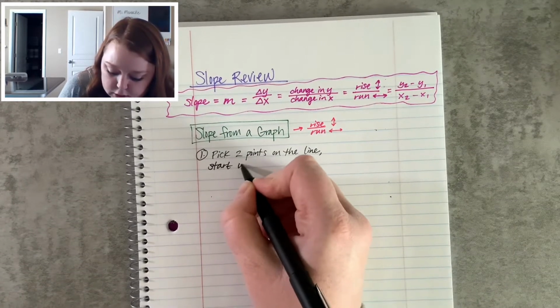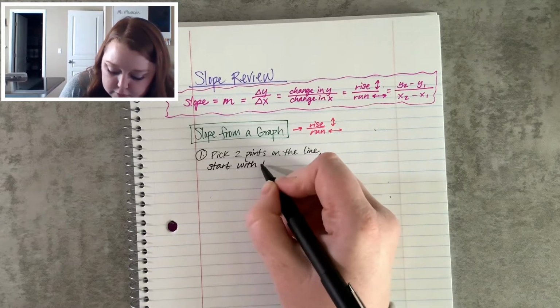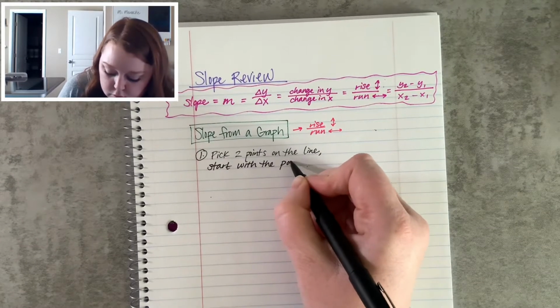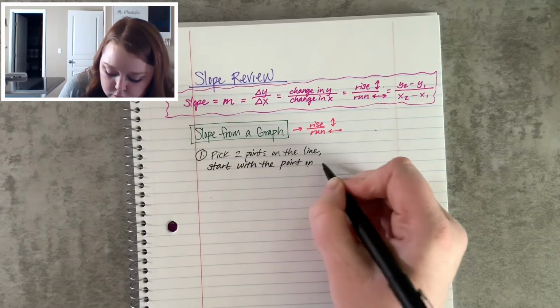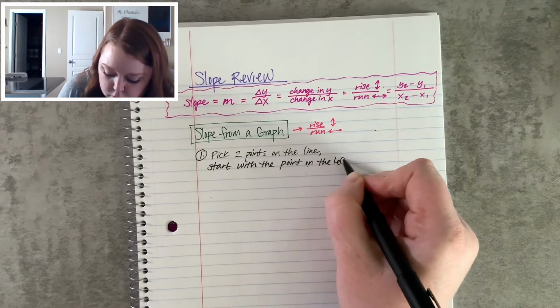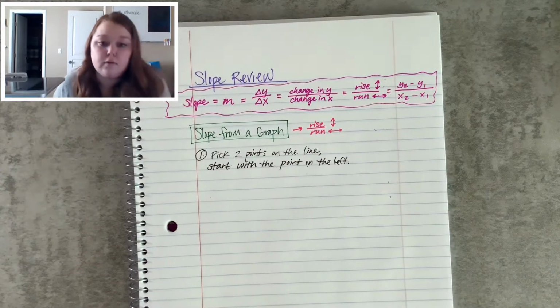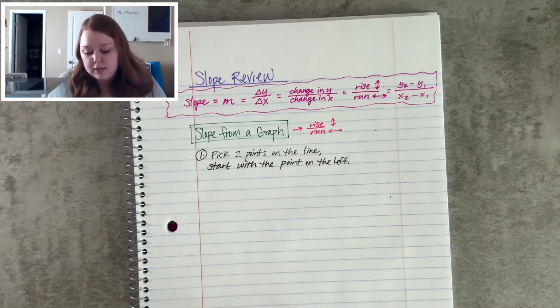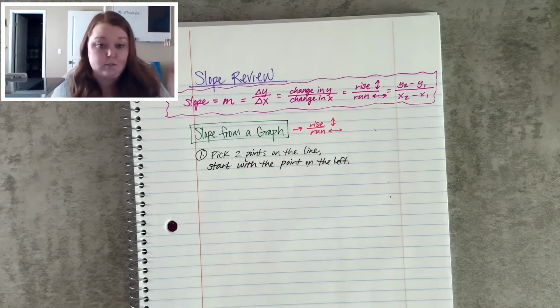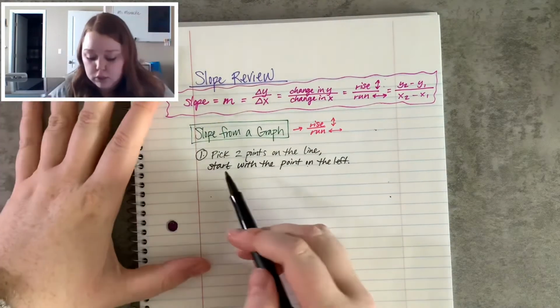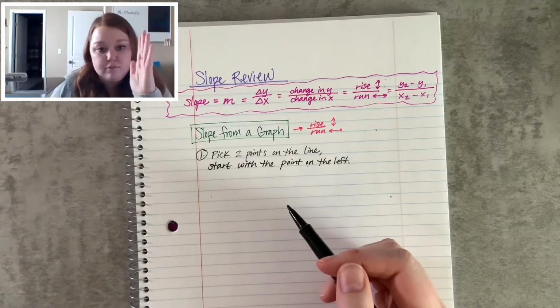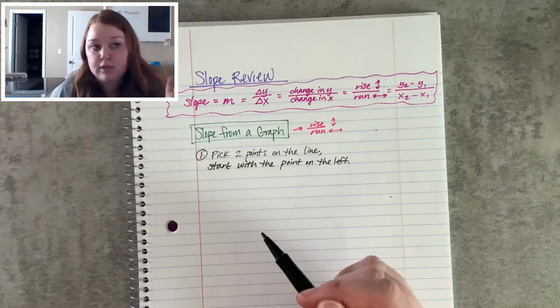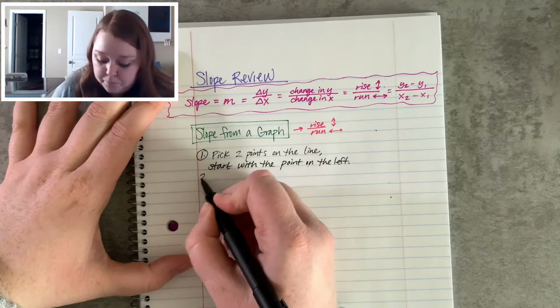And you're going to start with the point on the left. Okay, so pick 2 points on the line. So identify 2 good points. There might be more than 2, but you just really need 2. Start with the point on the left. I just always start with the point on the left. I suggest you do the same.